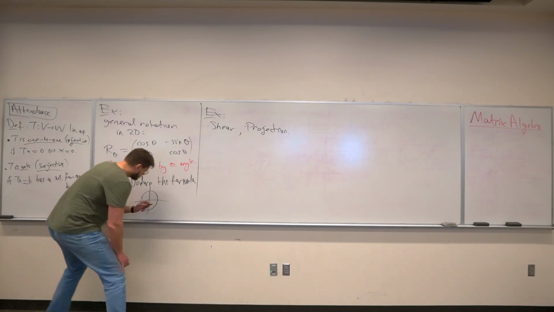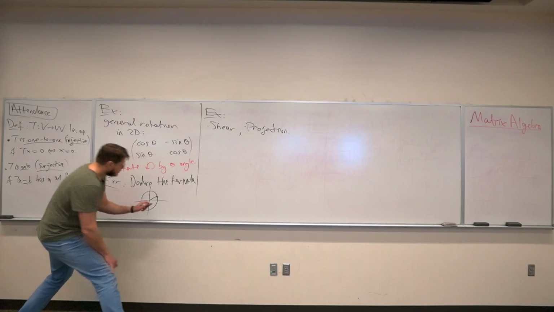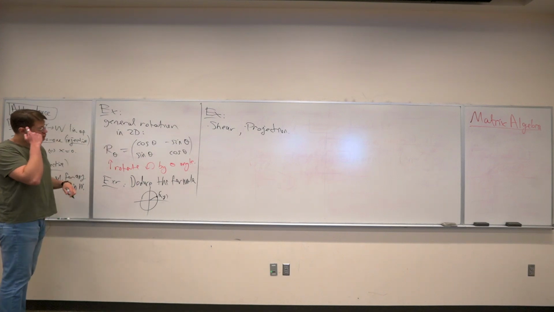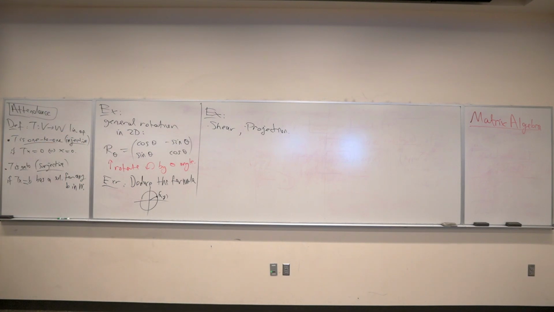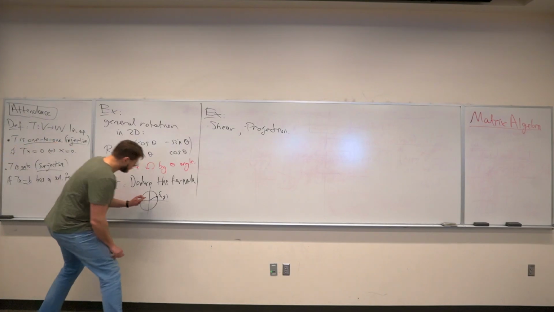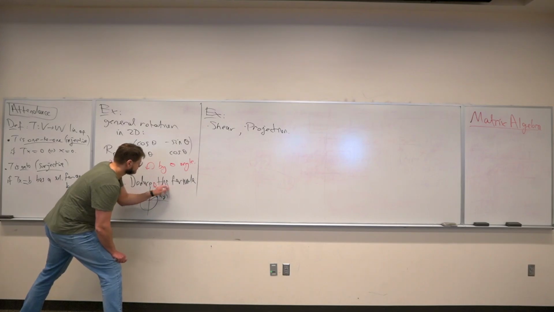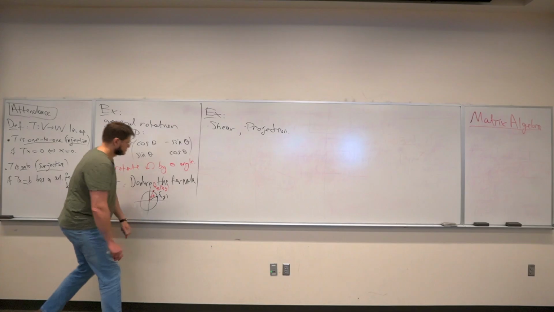If you start here at xy, once you apply r theta to it, it should land somewhere here perhaps. So this is r theta xy. The point being is that this angle here is theta.